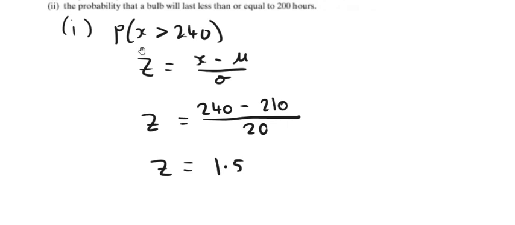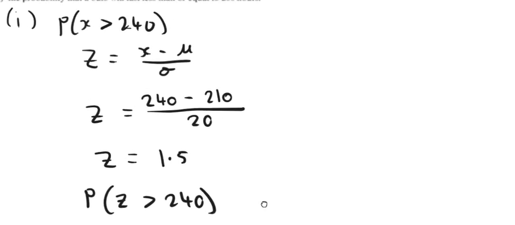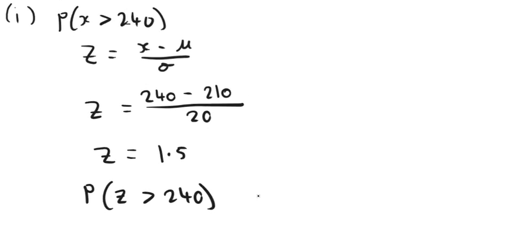So because it's finding out that the probability is greater than 240, we're finding the probability that our z-score is greater than 1.5. And when it's greater than, you need to know that you do 1 minus.